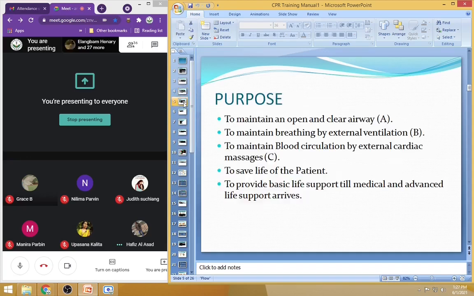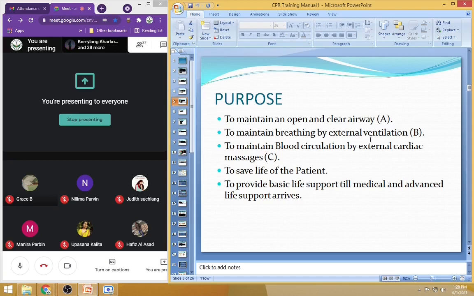The purpose is to maintain an open and clear airway, to maintain breathing by external ventilation, and to maintain blood circulation by external cardiac massage. So please remember A, B, C. A is open and clear airway. B is maintain breathing by external ventilation.